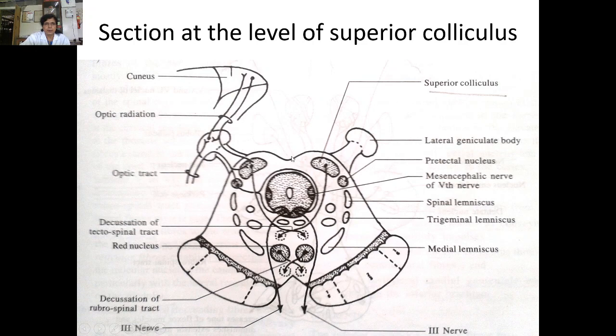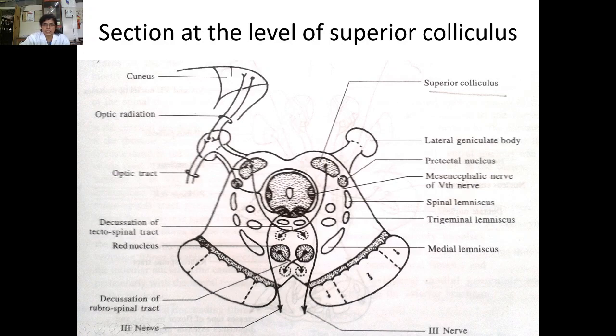and this is about the transverse section at the level of superior colliculus. This section shows the main feature, that is the red nucleus in the tegmentum, then ventral to the central cerebral aqueduct, there is the oculomotor nerve nuclear complex, and in the tectum there is the superior colliculus.